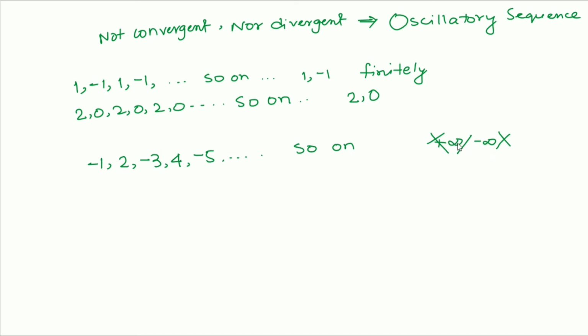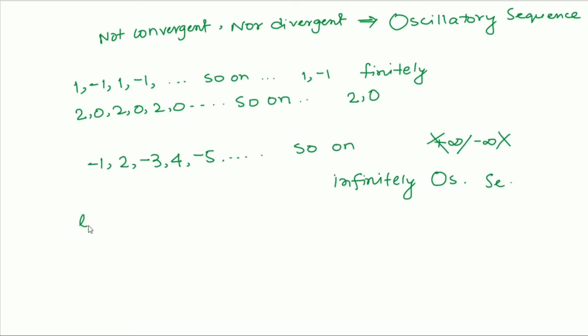So this has infinitely many distinct terms, and this is an infinitely oscillatory sequence. So we see that there are three types of sequence according to the limit.